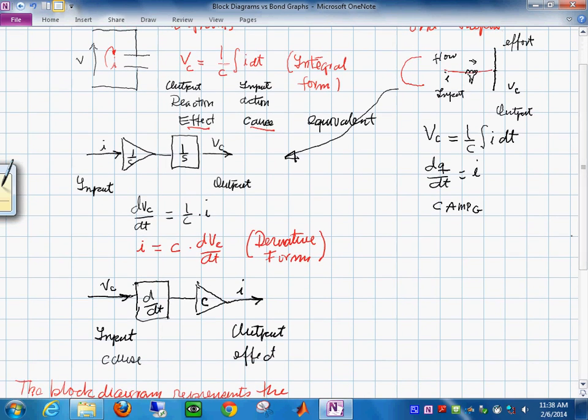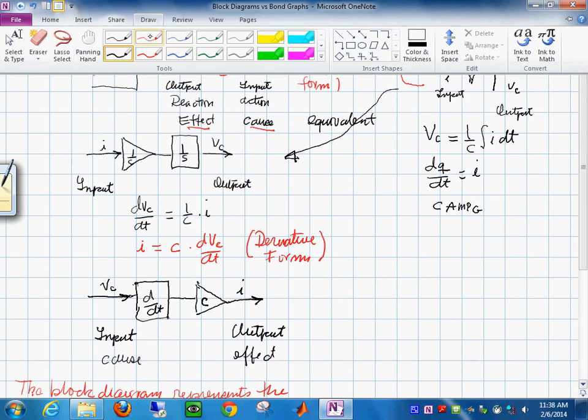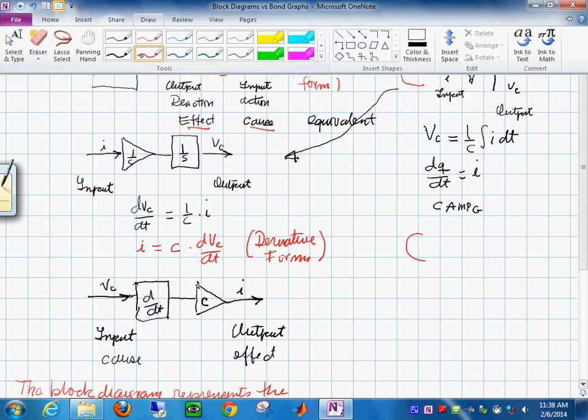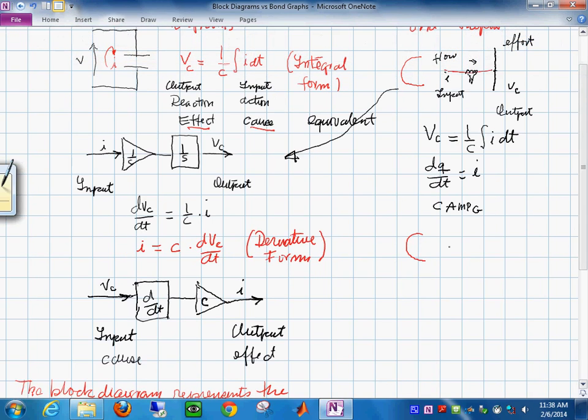But if you have it the other way, let's say this C element like this, and you draw the line over here, but instead of the output being the voltage, now voltage becomes the input and this becomes the output.